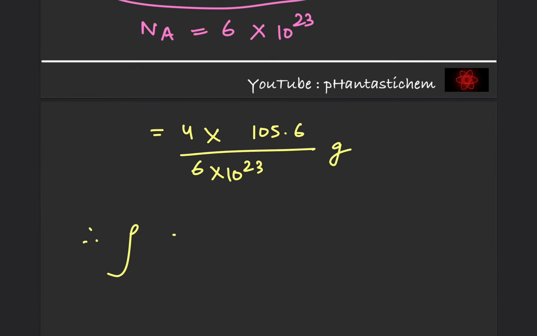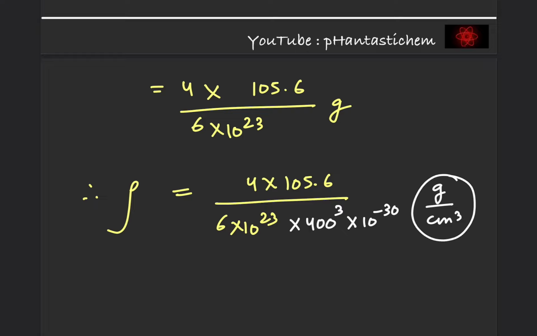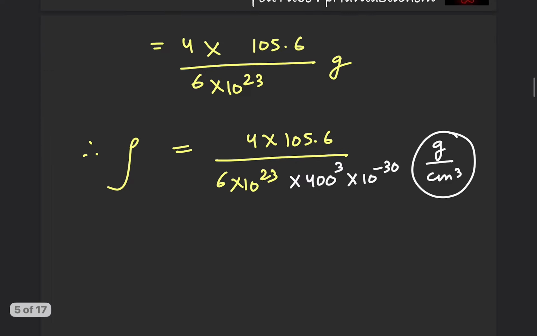Therefore the density of the unit cell will be equal to mass divided by volume. So 4 into 105.6 divided by 6 into 10 power 23, and the volume we have already calculated, that is 400 cube into 10 to the power minus 30, in gram per centimeter cube. So we'll be getting the final answer in gram per centimeter cube, right?